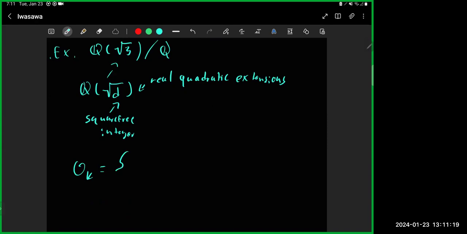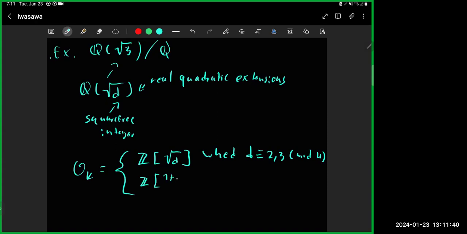It's equal to Z adjoin the square root of d when d is congruent to 2 or 3 mod 4, and it's equal to Z adjoin (1 plus the square root of d)/2 when d is congruent to 1 mod 4.